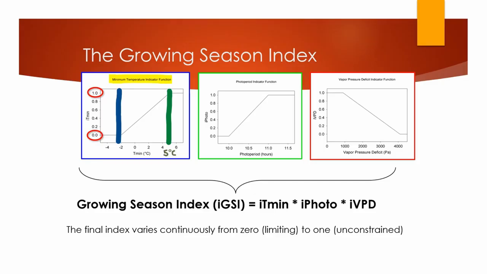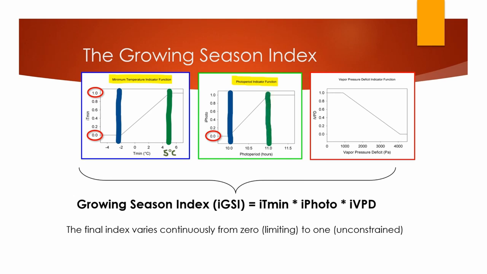So the same works for photoperiod, that we know through an examination of the literature that plants really respond in a range of about 11 to 12 hours for photoperiod. But below 10 hours is just not enough light for plants to be happy. So any photoperiod below 10 hours would get an indicator value of 0, and any photoperiod above 11 hours would get an indicator value of 1.